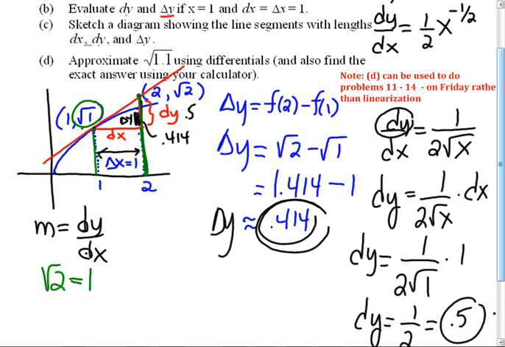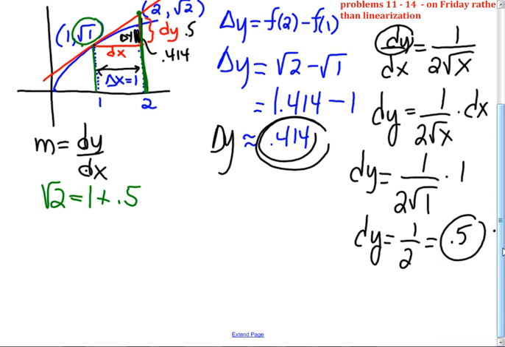This is the square root of 1, plus you're going to add in this segment of the tangent line, which is 0.5. That's the approximate one. 1.5. Well, square root of 2 is approximately 1.414. I need a calculator for that. If I don't have a calculator, I know it's 1.5.